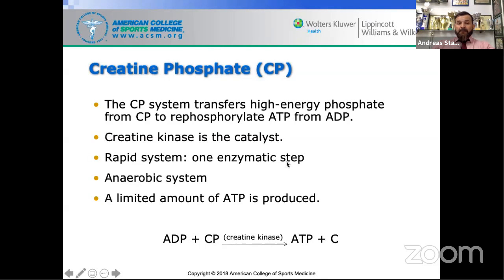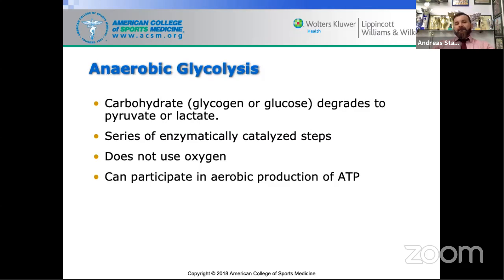Is it aerobic or anaerobic? Still anaerobic. Anaerobic systems are faster. And that's one of the main reasons our body is designed to use those first. Again, though, we can't produce a lot of ATP. So, based on the duration of the exercise, we may need more. What are we going to do if we need more? We have a third system, which is anaerobic.